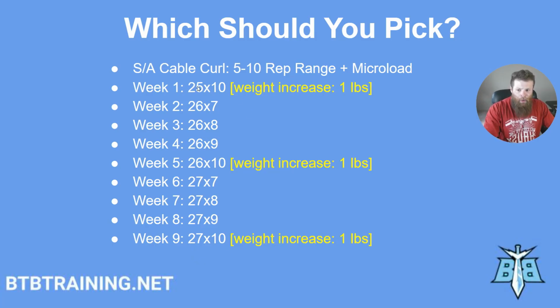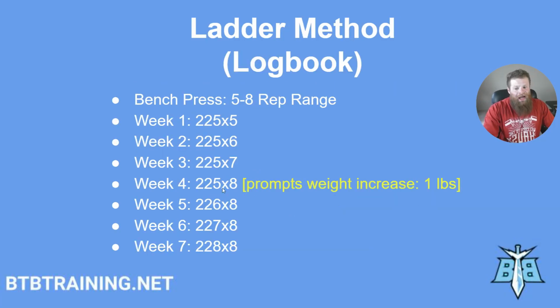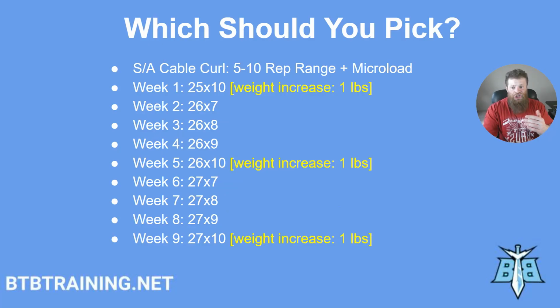So I'm still going from 25 for 10 to 26 for 10 to 27 for 10, but with the compound exercise, I'm usually able to do that every single week, whereas with a single joint isolation exercise, there may be 3 to 4 weeks in between the weight increase where the reps drop and I have to build and ladder them back up into 10 reps again.